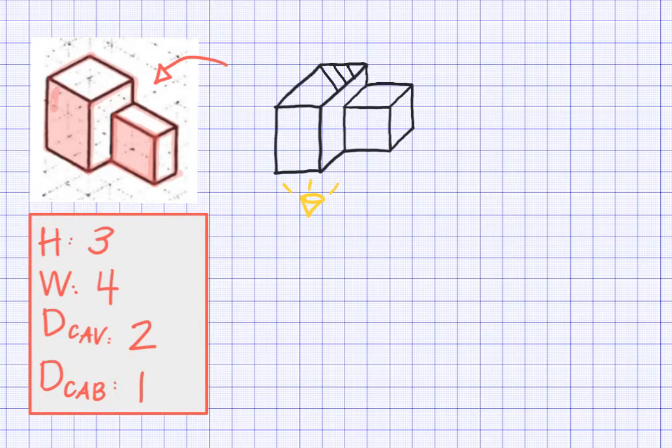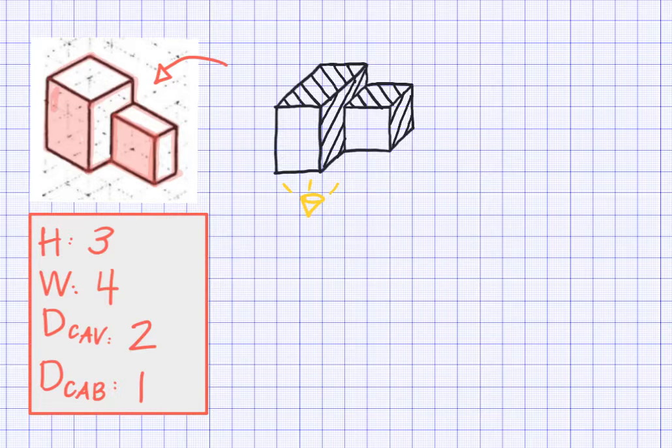My top faces are going to receive a single hatch. Both of these are my top faces. And then my right side view is going to receive hatching in the opposite direction. Just like that.